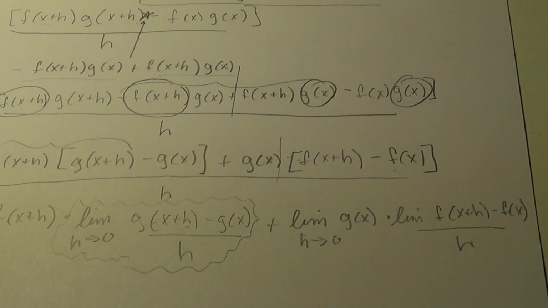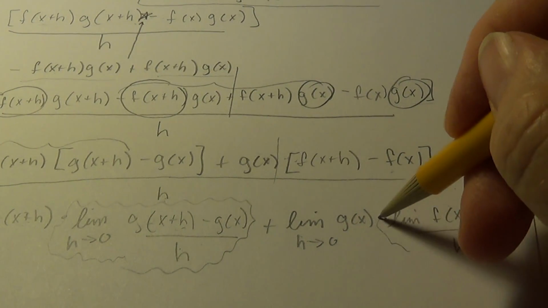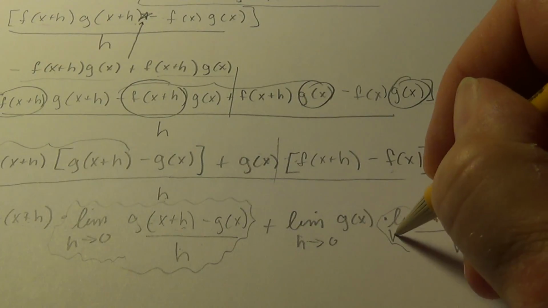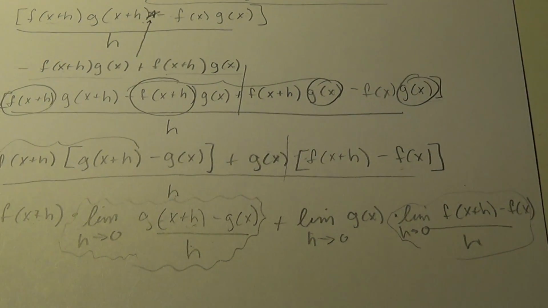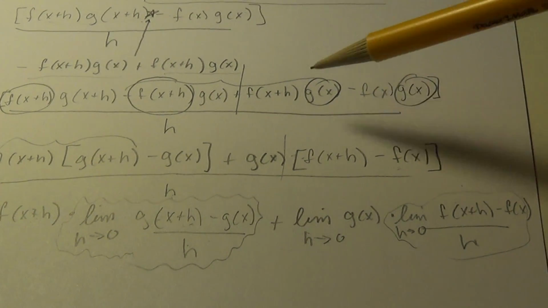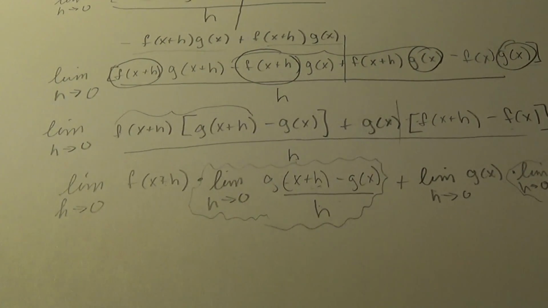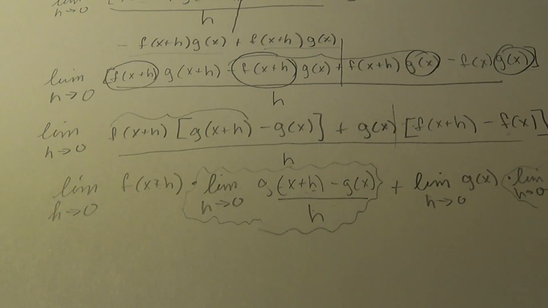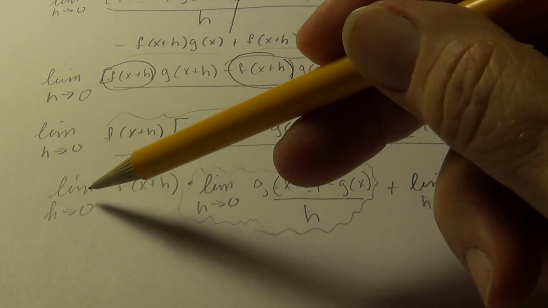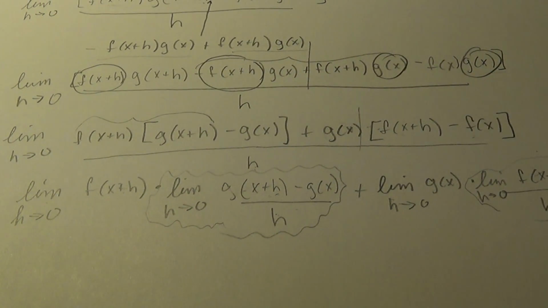All right, that's got to be screaming to you. I just did a little regrouping of these terms and divided the limit of the product into the product of individual limits.